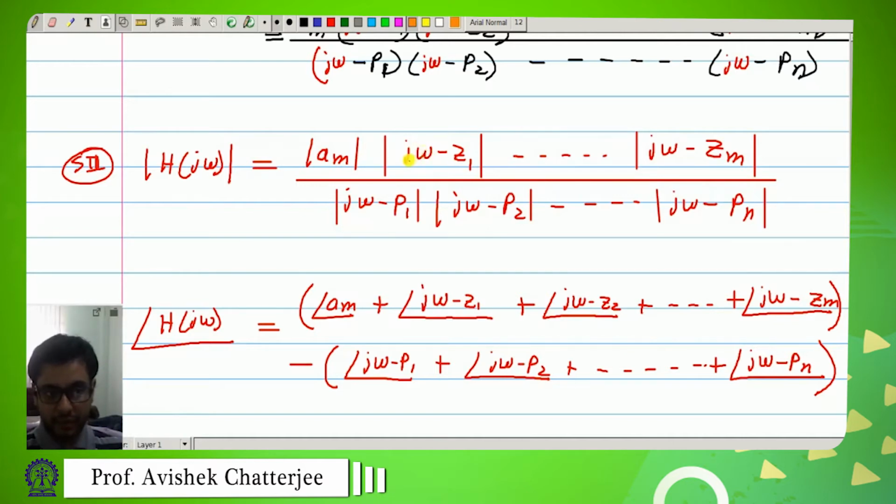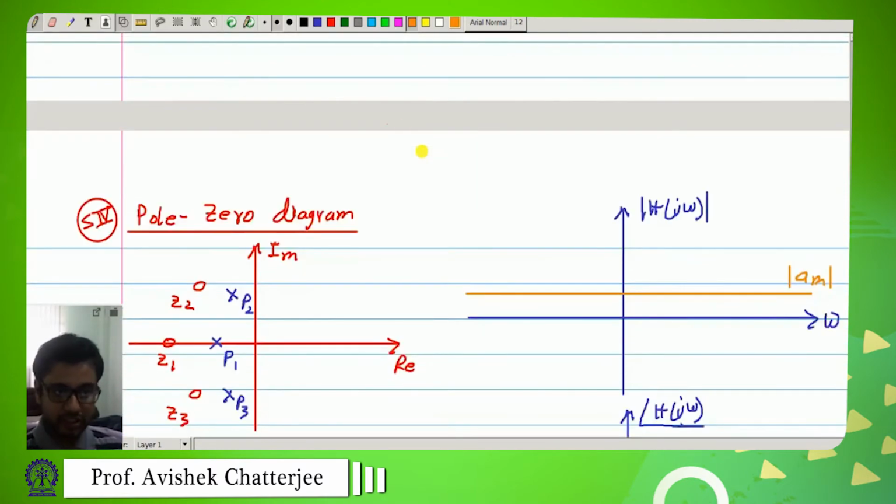Then consider the next term, j omega minus z1. Now this is a term that depends on frequency omega. So let us consider mod j omega minus z1.